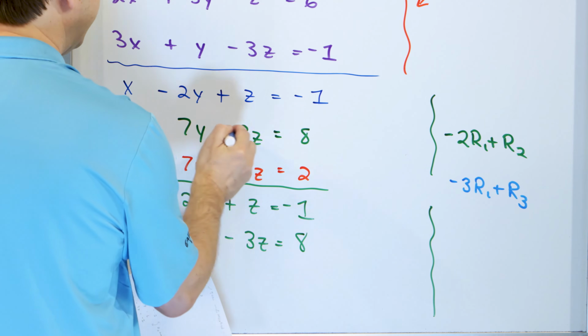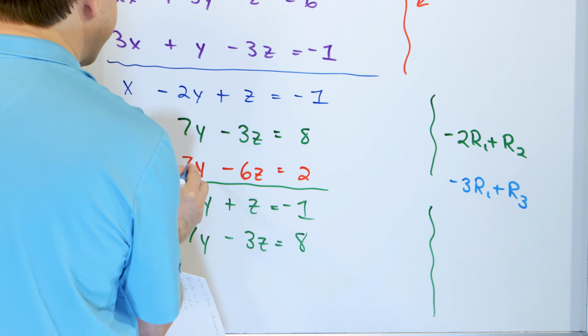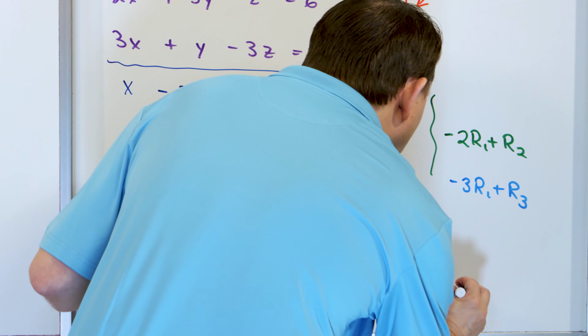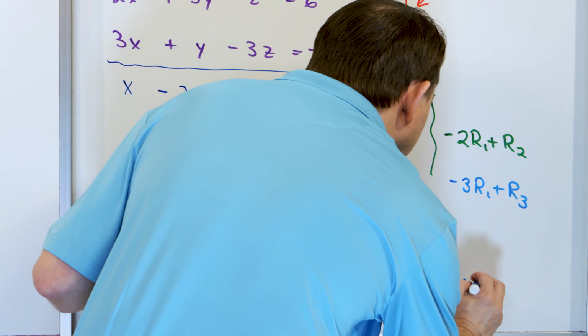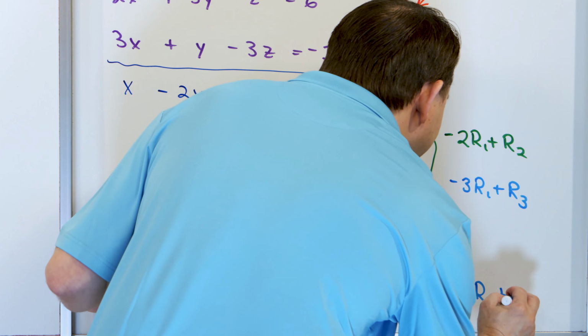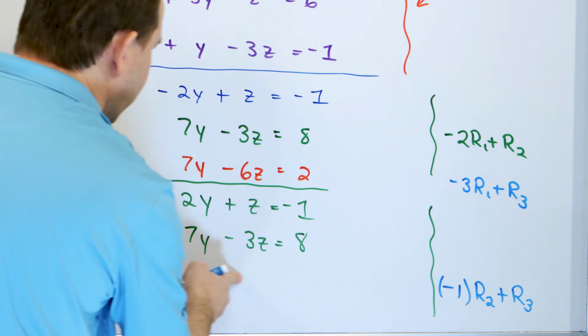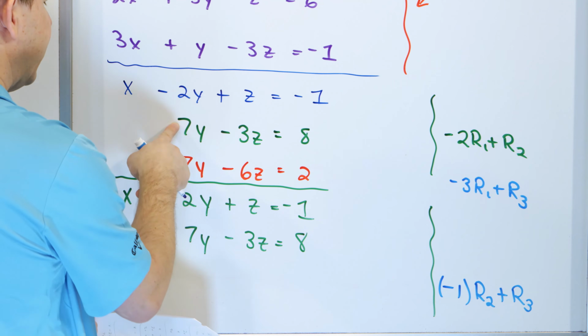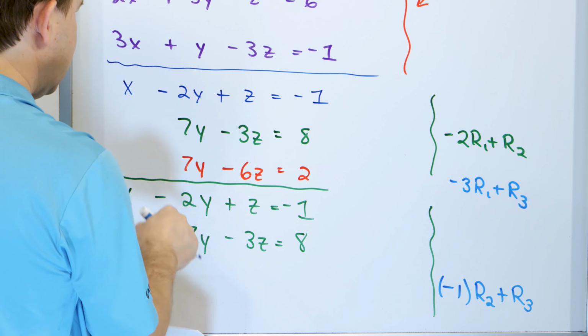Let's multiply this equation by negative 1. That'll give me negative 7. I'll add to this guy. So my notes will be negative 1 multiplied by row number 2, and I'll add that to row number 3, and the result will go into row number 3. So when I take negative 1 times the 7y and add it, I'll get a 0 down here.